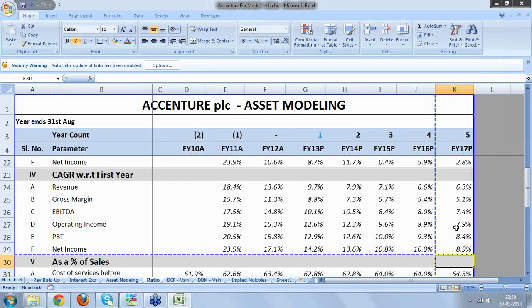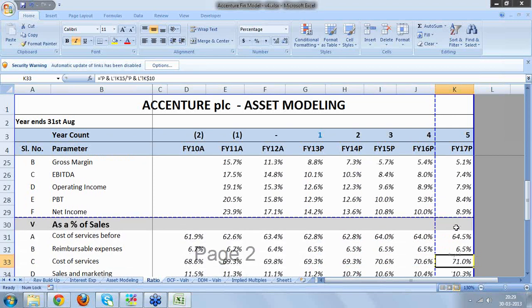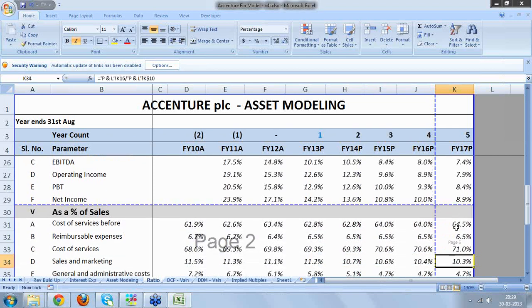So the impact of ratio analysis should not be exaggerated. It should only be done to compare the performance of the same company over a period of time or compare the performance of many companies in the same period of time. It helps you identify any knee-jerk reaction in your assumptions.